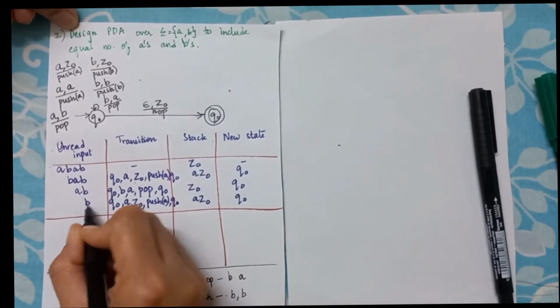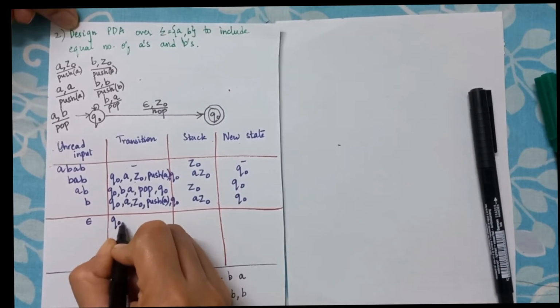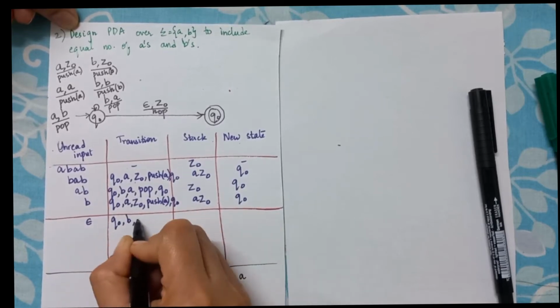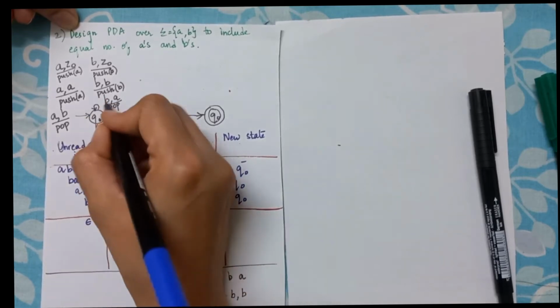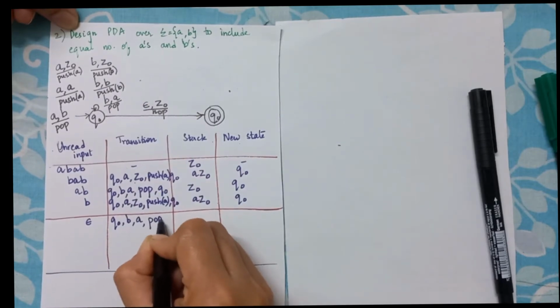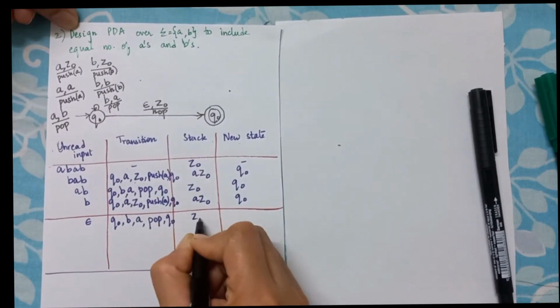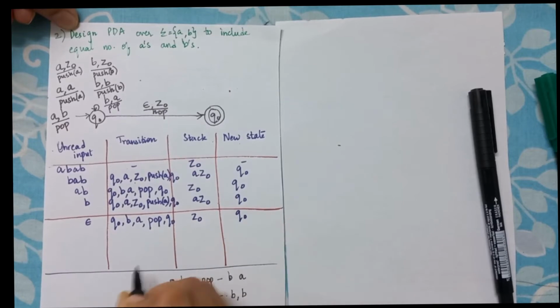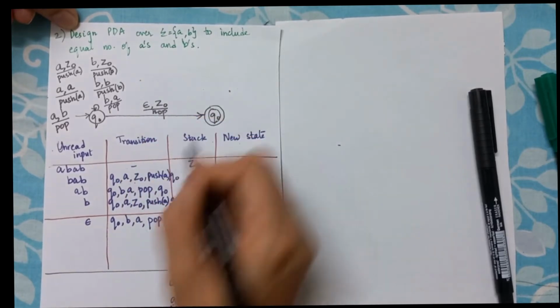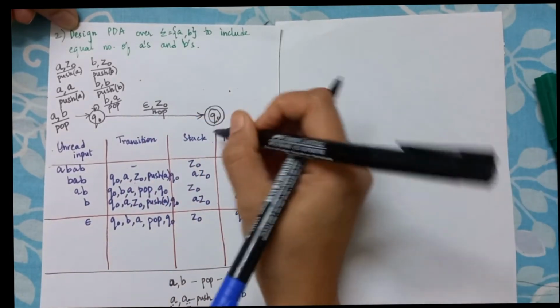The stack will have A Z naught and I remain at Q naught. The next is I'm reading a B. So Q naught, B, and the stack top is A. I have to pop. I am left only with Z naught. The next is on epsilon, I move to the next state, which is Q1.